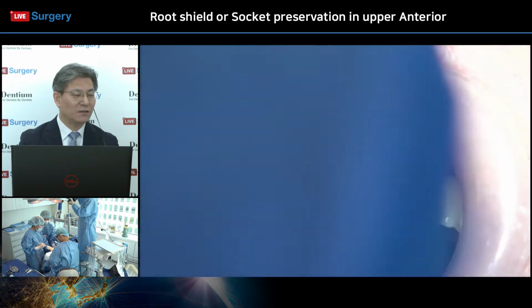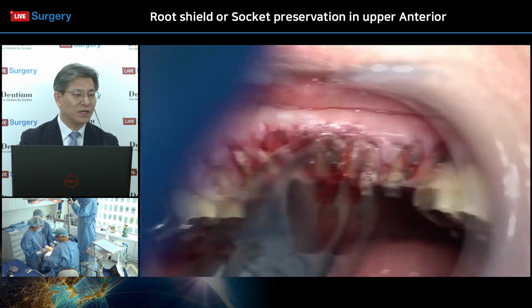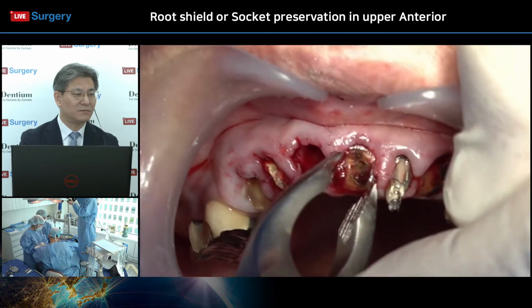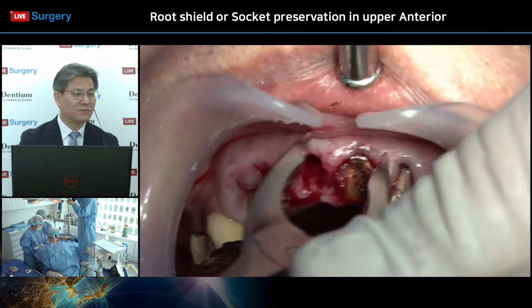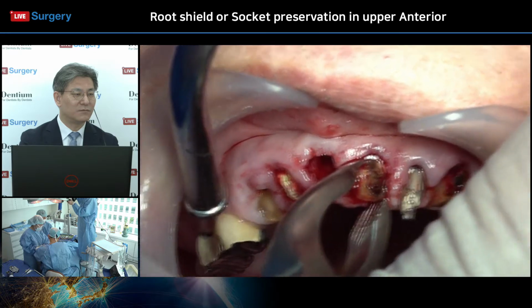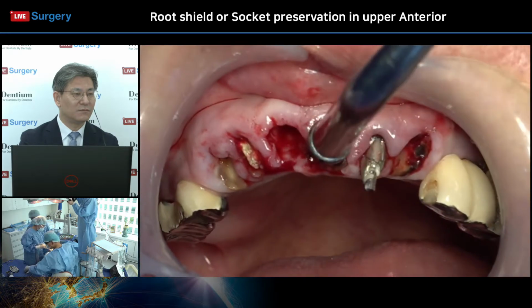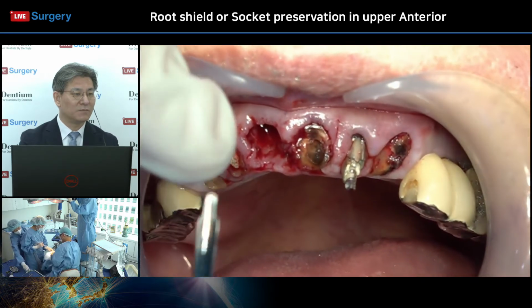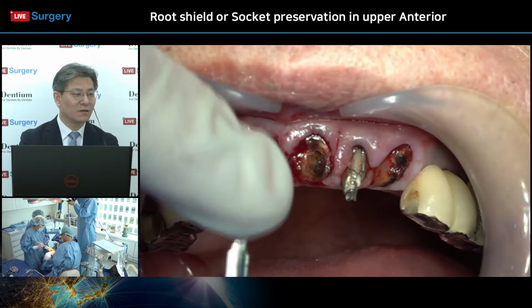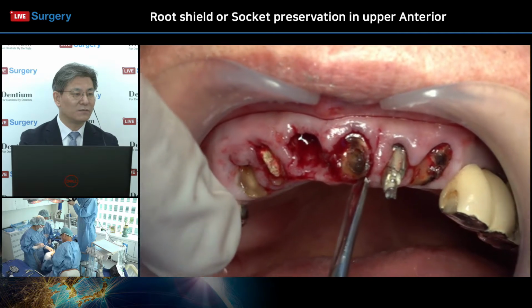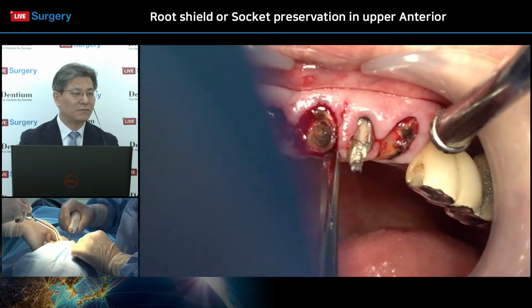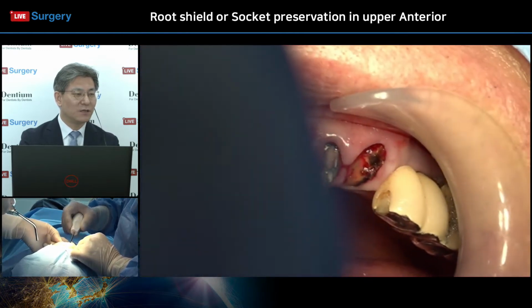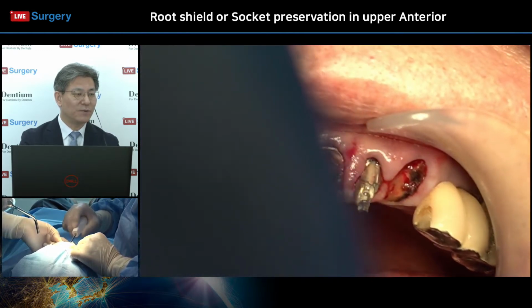And try again. A little bit difficult too. So elevating with a slightly sharper elevator, root tip elevators. Changing the instrument, he is using the root tip elevators.